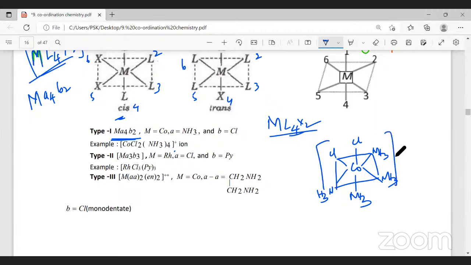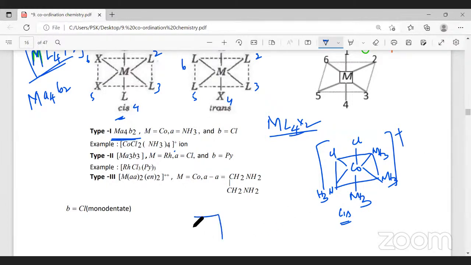The charge is plus. Cis or trans? Yes, sir. Chlorine is close to each other. All right. Therefore, it will be cis.